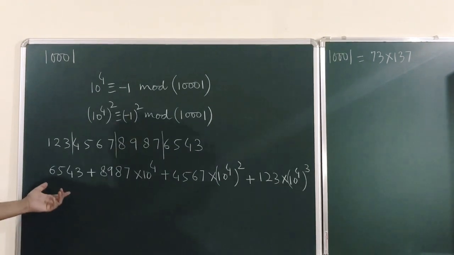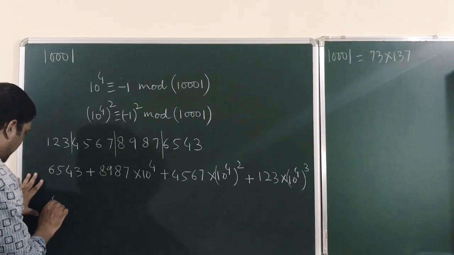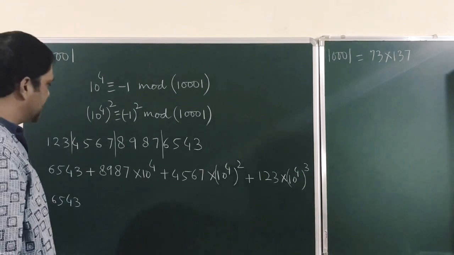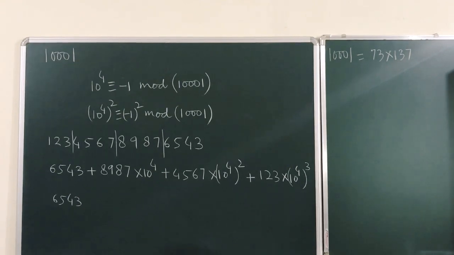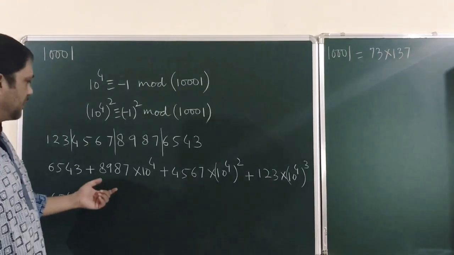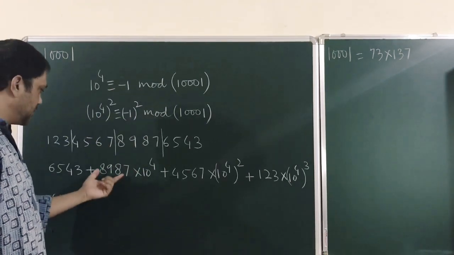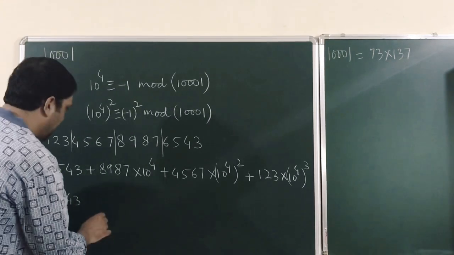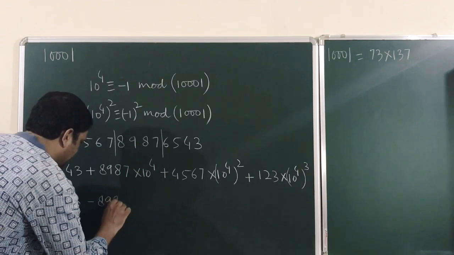So when I divide this number by 10001, obviously the remainder from the first term is 6543. But when I'm dividing 8987 into 10 raised to the power 4 by 10001, each 10 raised to the power 4 gives the remainder minus 1. So finally you'll get minus 8987.